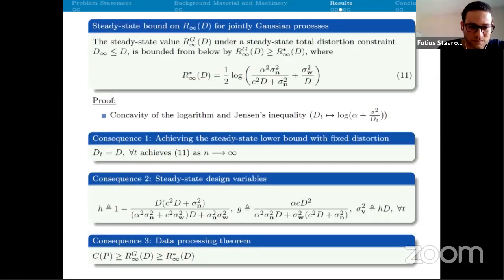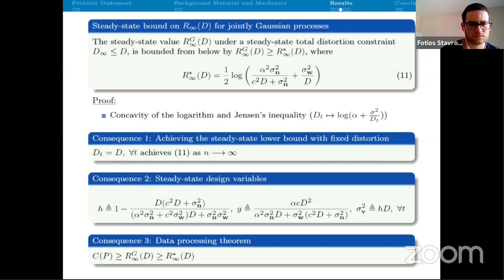Now it can be shown that the steady state solution of the Gaussian sequential rate distortion function is lower bounded by equation 11. This statement can be shown by leveraging the concavity of the logarithm and Jensen's inequality. We have a few consequences that stem from this statement. First consequence is that one can achieve this steady state lower bound by fixing the distortion of the finite time horizon to be equal to the asymptotically average distortion at each time instant.